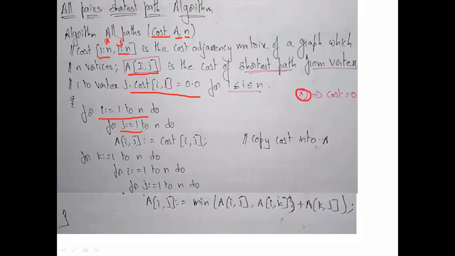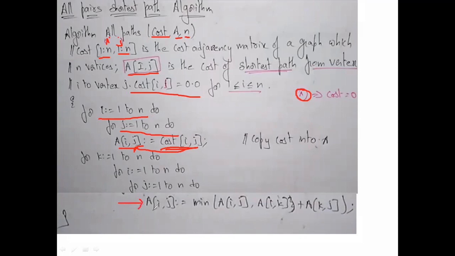Then for i equal to 1 to n, do, for j equal to 1 to n, do A of i comma j equal to cost of i comma j. That is, we have to copy the cost of i comma j into matrix A. And for k equal to 1 to n, do, for i equal to 1 to n do, and j equal to 1 to n do, and find the minimum cost.